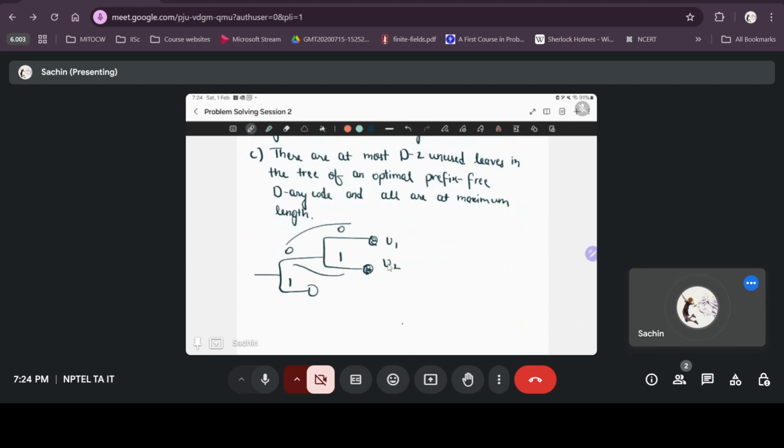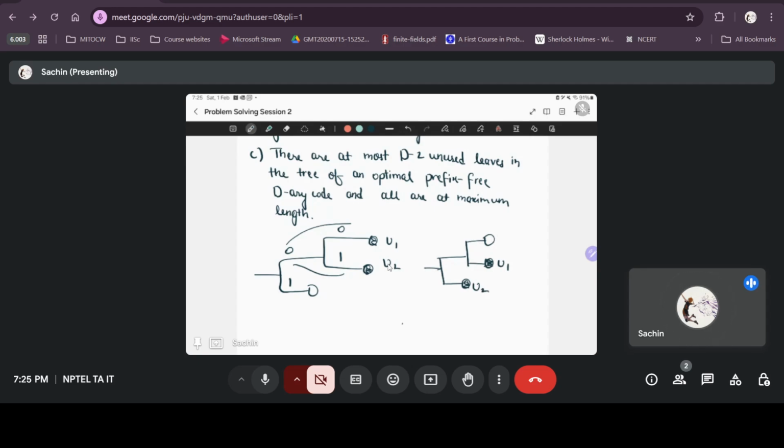If you assign code words like this and leave this leaf empty, which is not at maximum length, then you could easily swap the code words around so that you leave this particular leaf empty and assign this code word to U1 and this code word to U2.